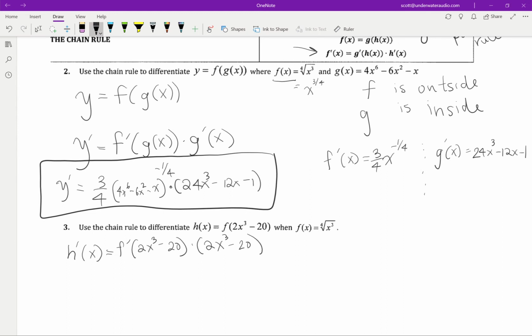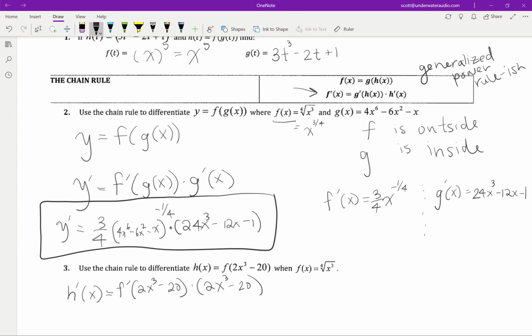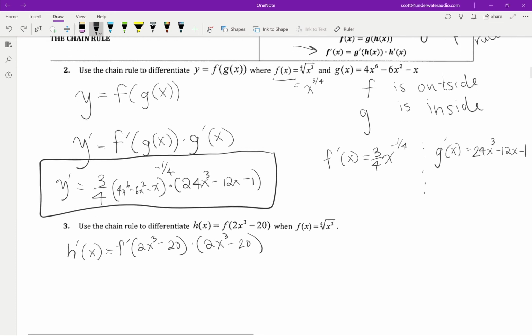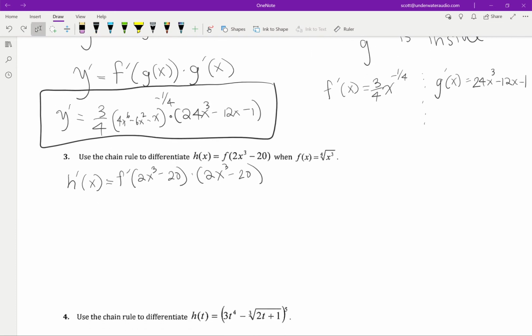So just like a little tip, I don't know if this helps anybody else, but this is not the way that I like to have the chain rule written. These notes are a friend of mine, not my own. If I was going to write the chain rule, the way I would do it is, let's say y equals an outside function and an inside function.